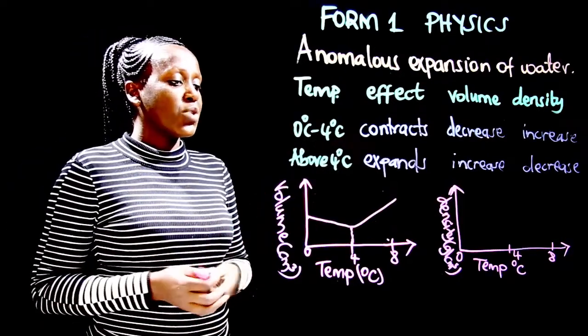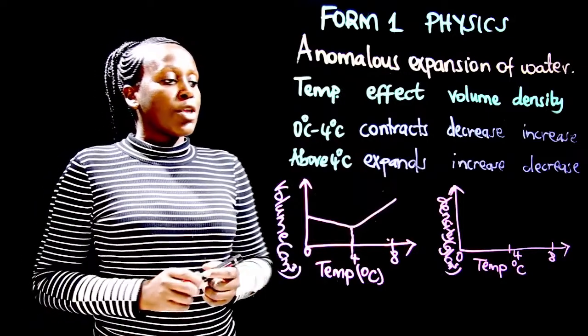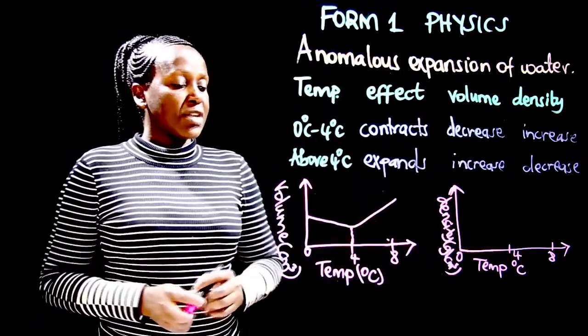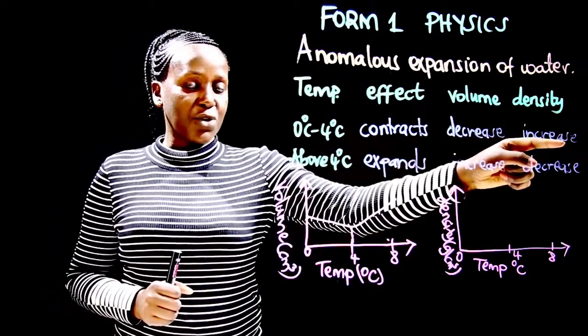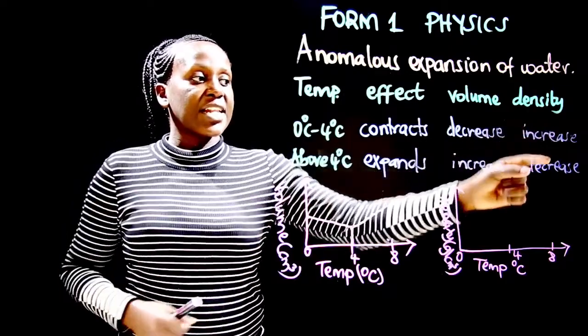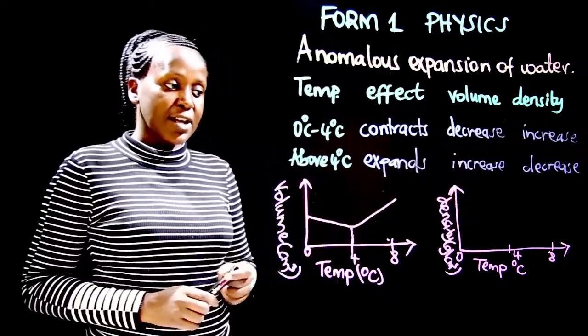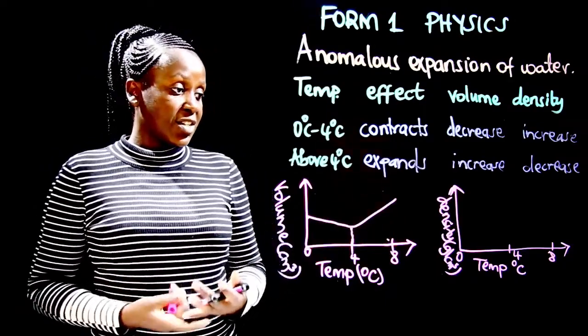So next we're going to look at the graph for density. Between 0 and 4 degrees Celsius, the density increases, okay? And then above 4 degrees Celsius, the density decreases. So we're going to start on a higher ground because the density of water is not 0.